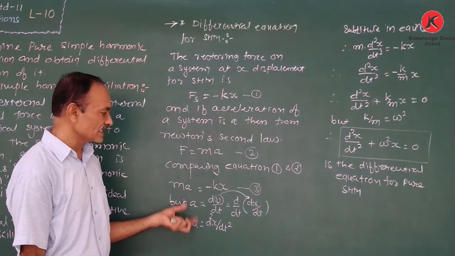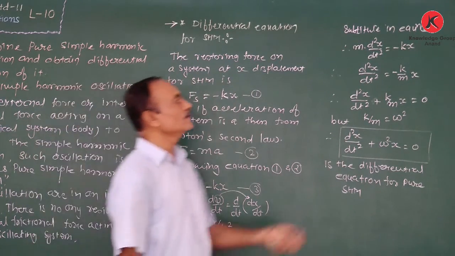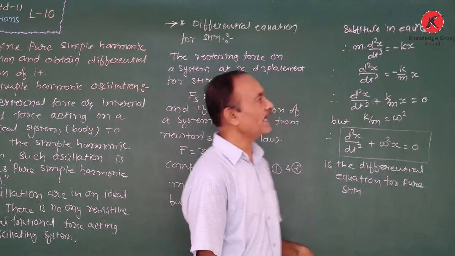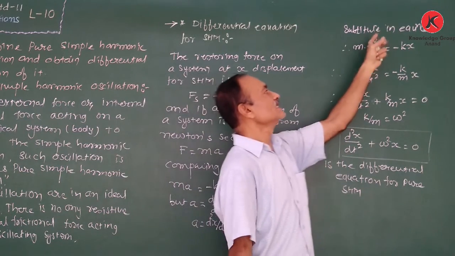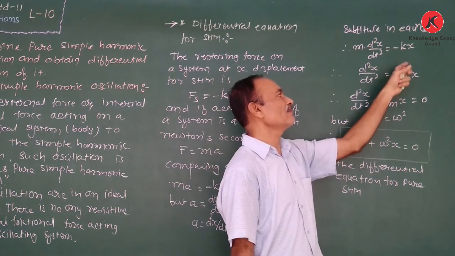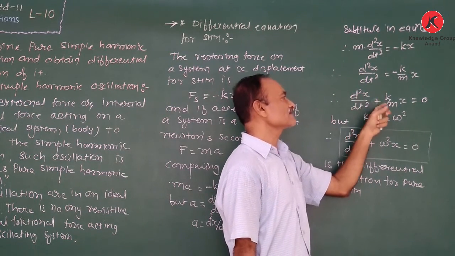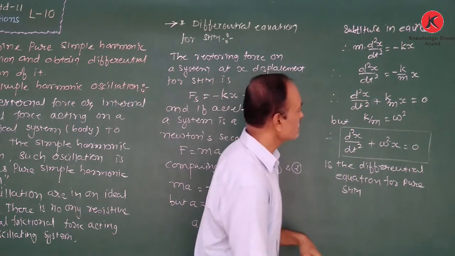Substitute this value of acceleration in equation 3. Therefore, m into d square x upon dt square is equal to minus kx. Therefore, d square x upon dt square is equal to minus k upon m into x. Therefore, d square x upon dt square plus k by m x is equal to 0.